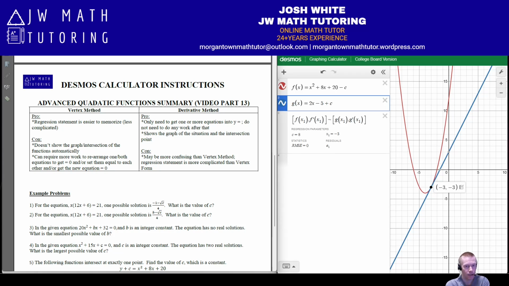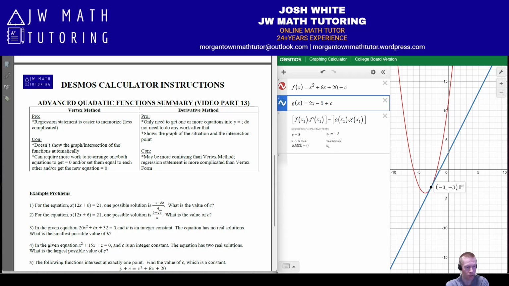However, the main downside is it could be more confusing than the vertex method in terms of the regression statement being a little bit more complicated, and remembering to put in the primes, for the f prime and the g prime as the second entries in the system of equations on each side, and basically having to memorize that whole long regression statement. Memorizing that is definitely more difficult than just memorizing a parentheses x minus h squared.